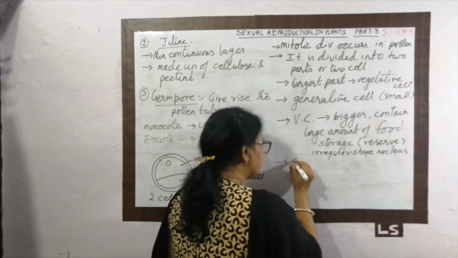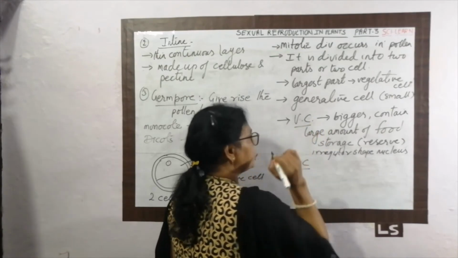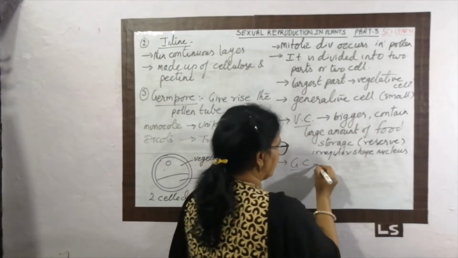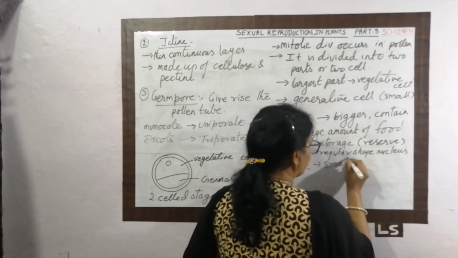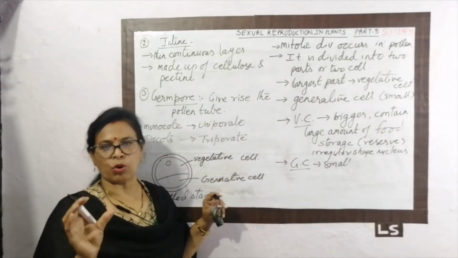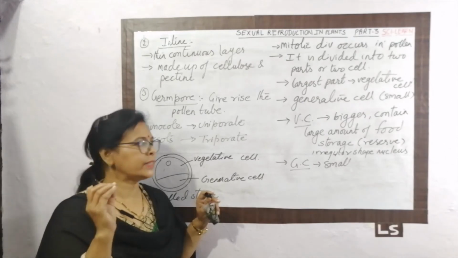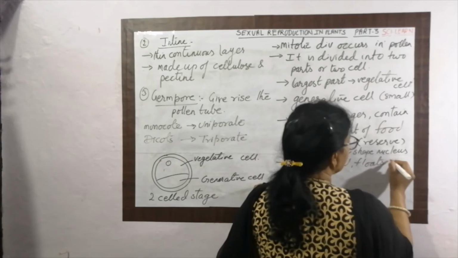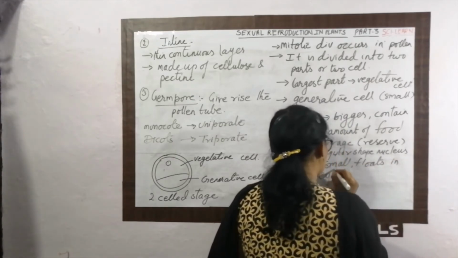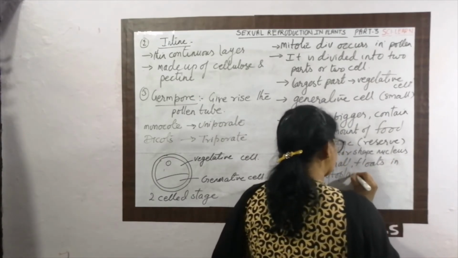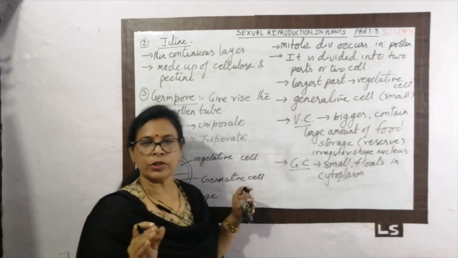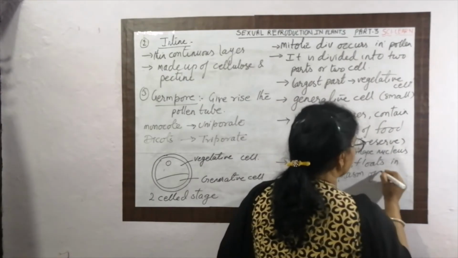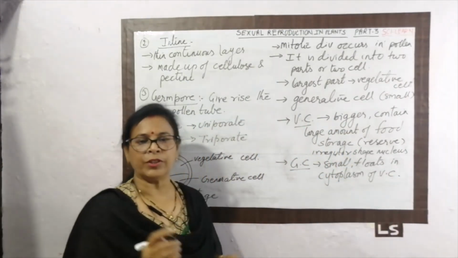Now, what about the generative cell? The generative cell is small as compared to the vegetative cell. It floats in the cytoplasm of the vegetative cell; its position is not fixed.